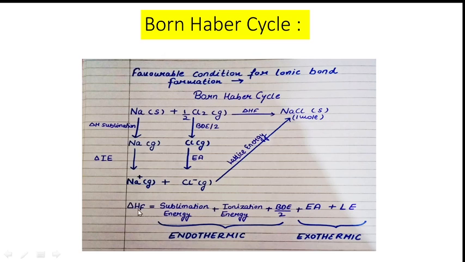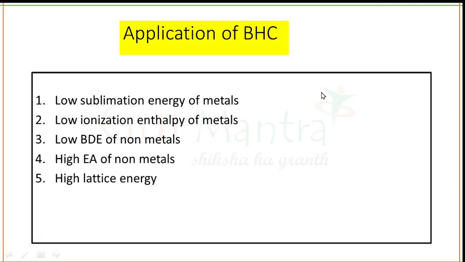For the formation of any crystalline structure, these two energies, electron affinity and lattice energy, are exothermic, while the first three energies are endothermic. Endothermic means the heat is being absorbed, and exothermic means the heat is being released. Next, we have the application of BHC, or Born-Haber cycle.